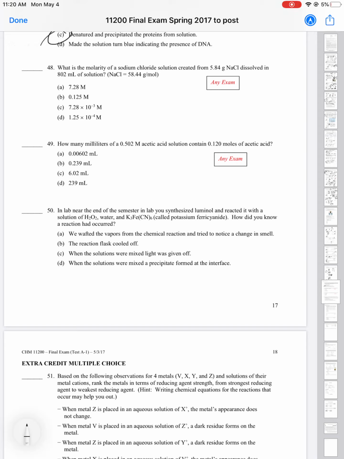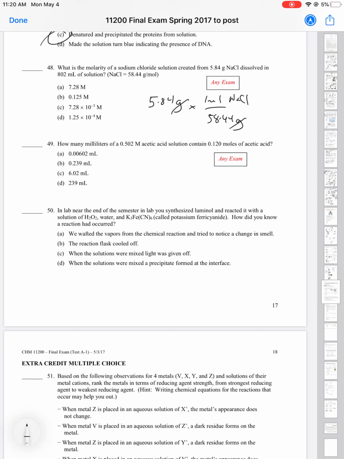What is the molarity of a sodium chloride solution from 5.84 dissolved in... Okay, so 5.84 grams times 1 mole of NaCl for every 58.44 grams, right? So then we get moles of NaCl.